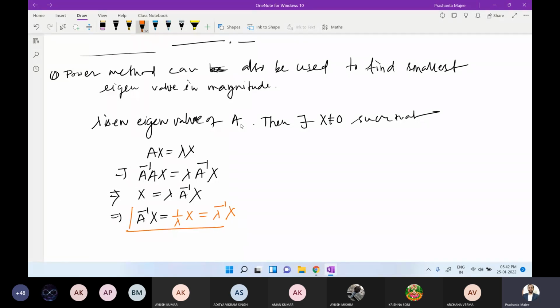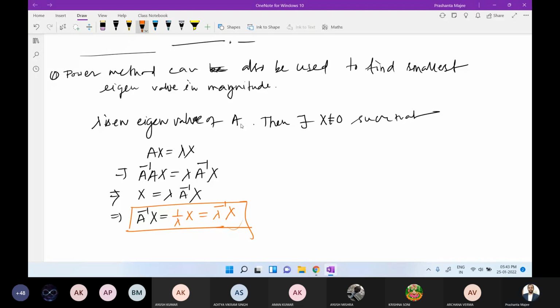The last line tells you that if lambda is an eigenvalue of A, then lambda inverse is an eigenvalue of A inverse with respect to the same eigenvector capital X. Okay, so this result will be used.